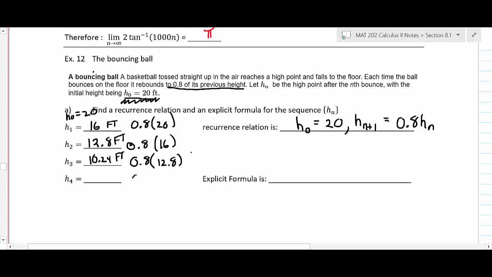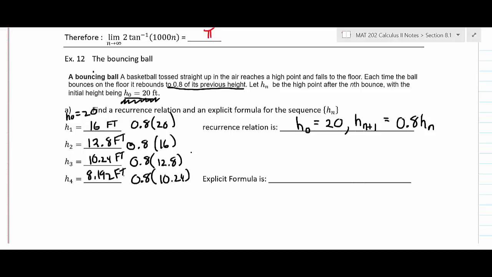I'm going to do it one more time: 0.8 times 10.24 gives 8.192 feet. Is this converging? I hope so, because it's got to come to rest on the floor. So where's it converging to? 0, okay?